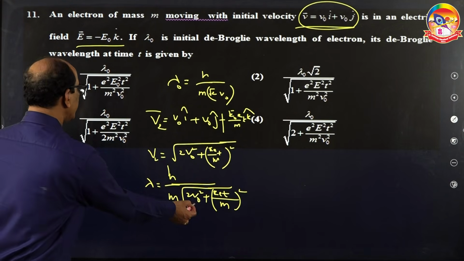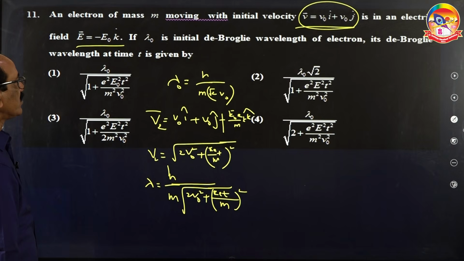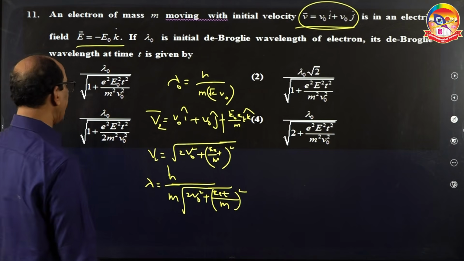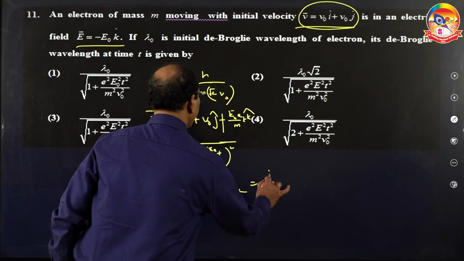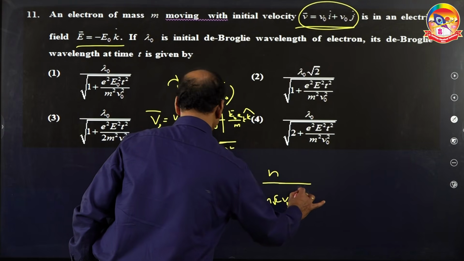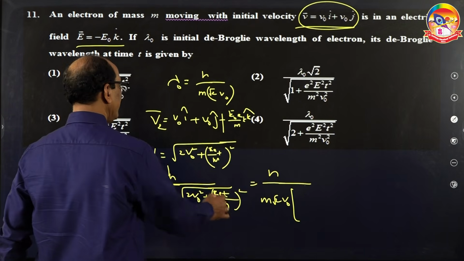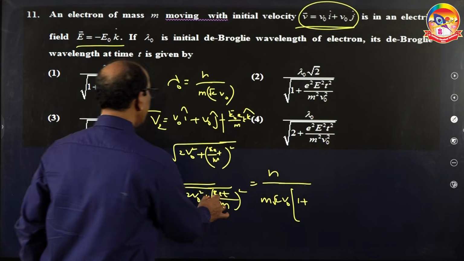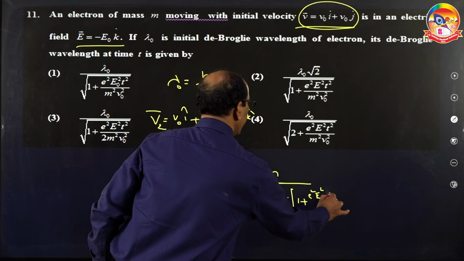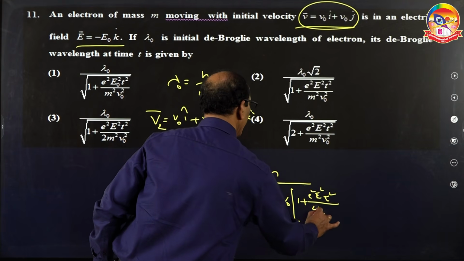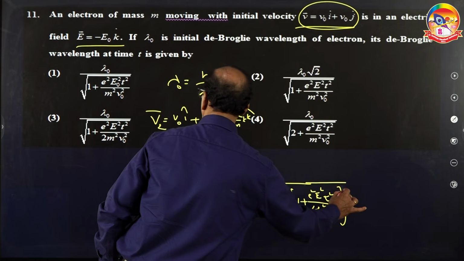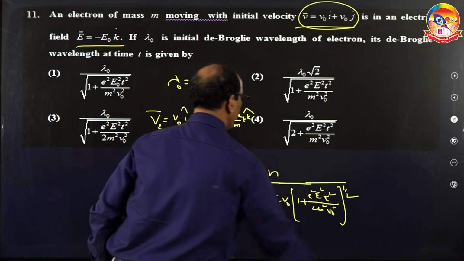We can bring 2 v naught square outside, root 2 v naught can be brought out. So this is h by m into root 2 v naught, times 1 plus e square E square t square by 2 m square v naught square, whole power half or square root of it.